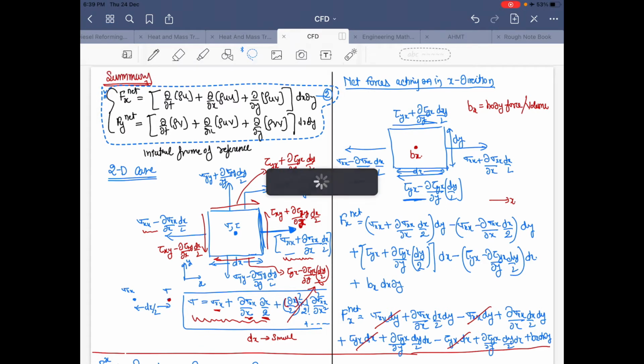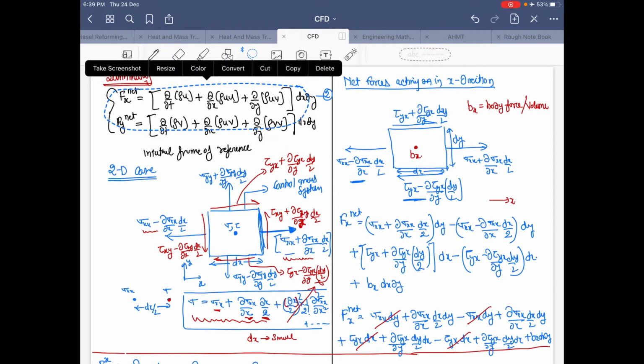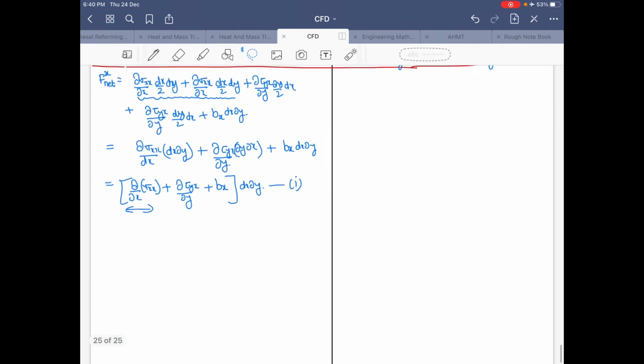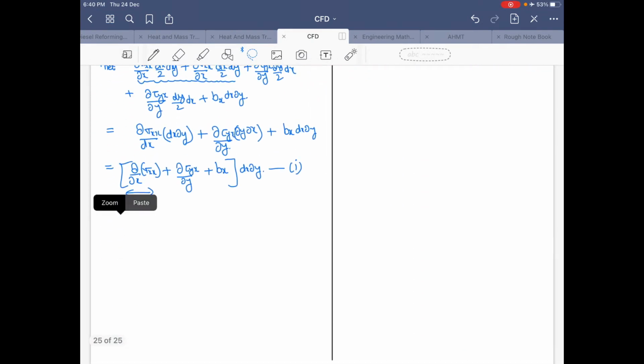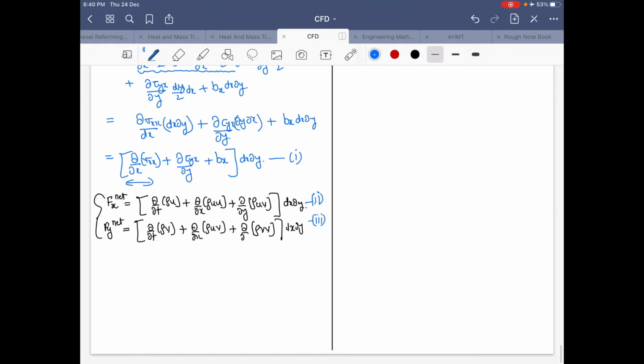So copy, paste, this is dx dy, and this as equation 2, and this as equation 3.